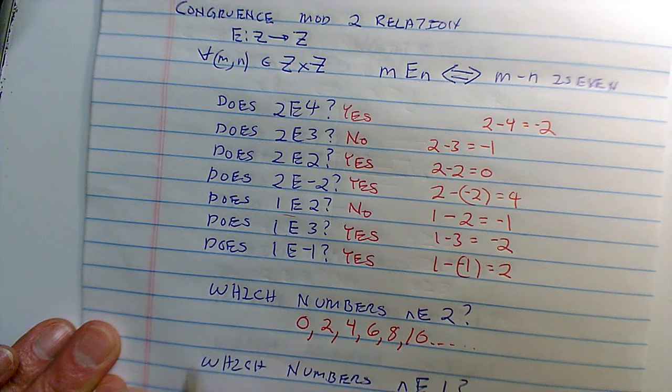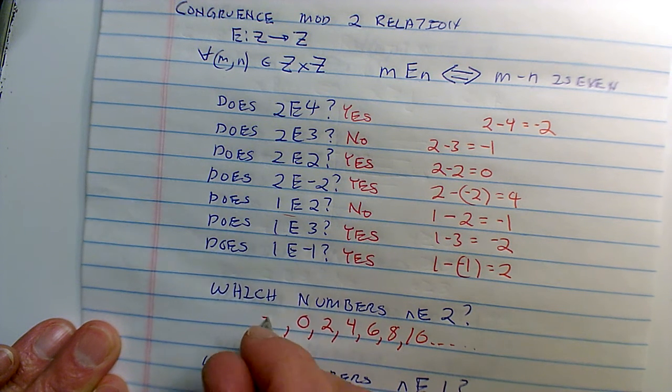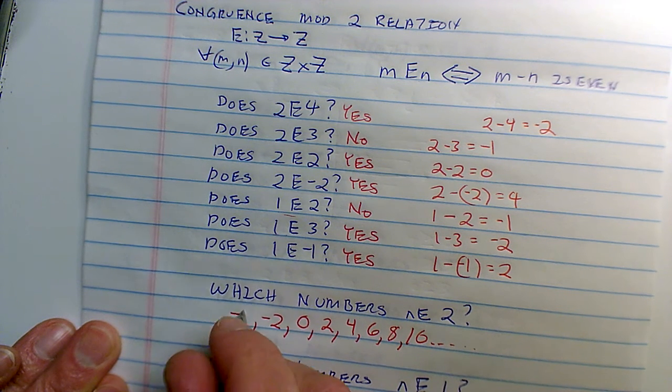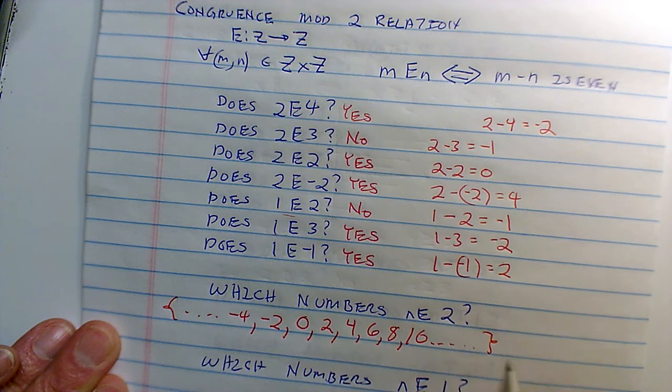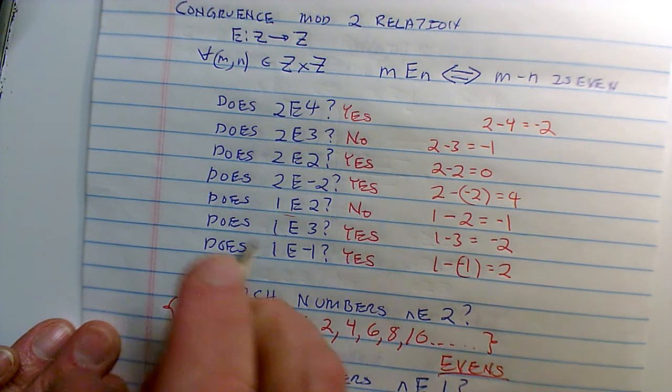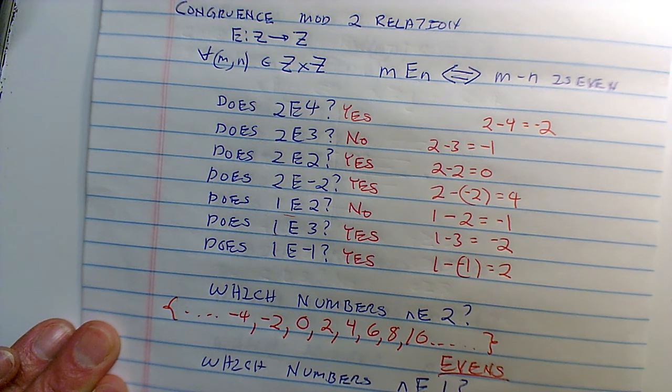We've also seen 0 is going to E 2, negative 2 is going to E 2. Hey, there's our set. Those are all the numbers that are going to E 2. In other words, these are the evens. I kind of picked the letter E here because their difference is even.